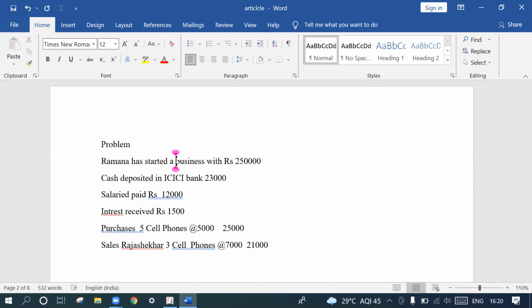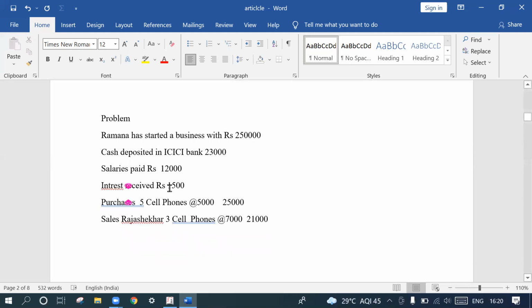Cash deposited in ICICI Bank rupees 23,000. Salaries paid rupees 12,000. Interest received rupees 1,500. Purchases 5 cell phones at the rate of 5,000 each, rupees 25,000.